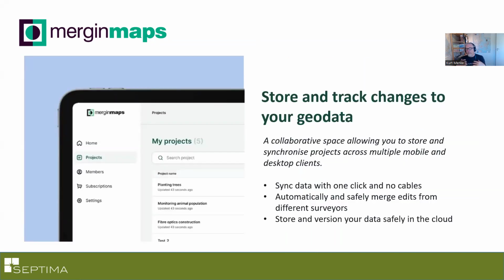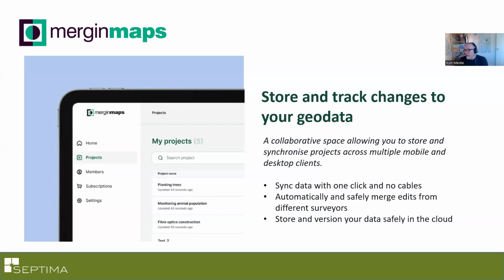With the Mergin Maps server, you can store and track changes to your geodata. So if you've used GitHub, this is almost like GitHub for QGIS projects, where it's going to maintain a version history of your project and allow you to download that project at different versions. You can obviously sync the data, as I've mentioned, and you can do collaborative editing.